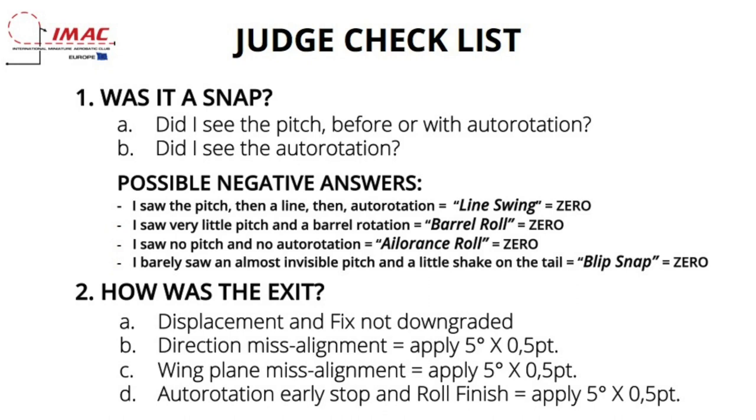Therefore, the pilot follows through with ailerons in order to finish the maneuver. In this case, for this proportion of roll that is induced with the ailerons, you need to apply the normal rule of 5 degrees times half a point to assess a penalty.